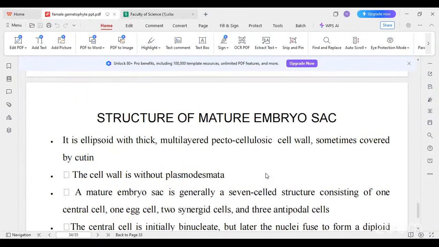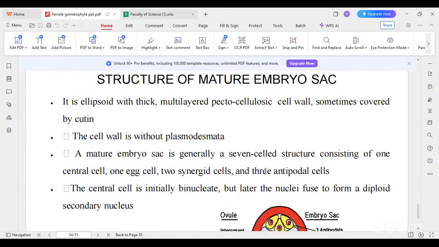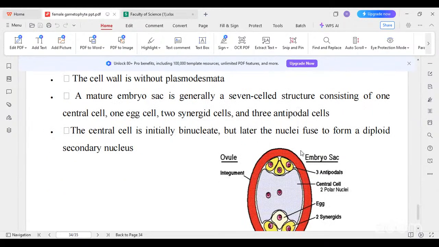The structure of the mature embryo sac: the total embryo sac is ellipsoidal in shape, with a thick, multi-layered pectocellulosic cell wall, sometimes covered by cutin also. The cell wall is without plasmodesmata.